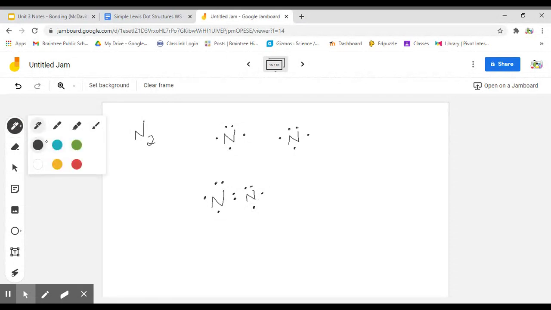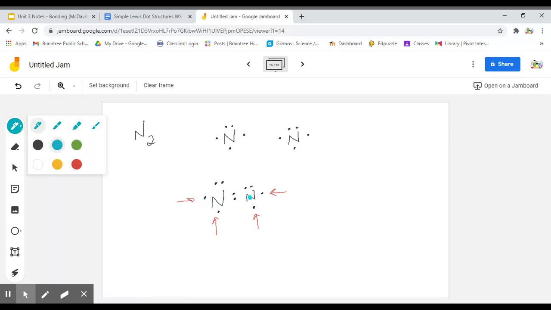But now I look and I still have 2 electrons on each of them. So each nitrogen atom still has 2 electrons that are unpaired. And so this is where we're going to bring in that triple bond. This one can be a little bit tougher to see because we're going to move our dots a little bit farther.